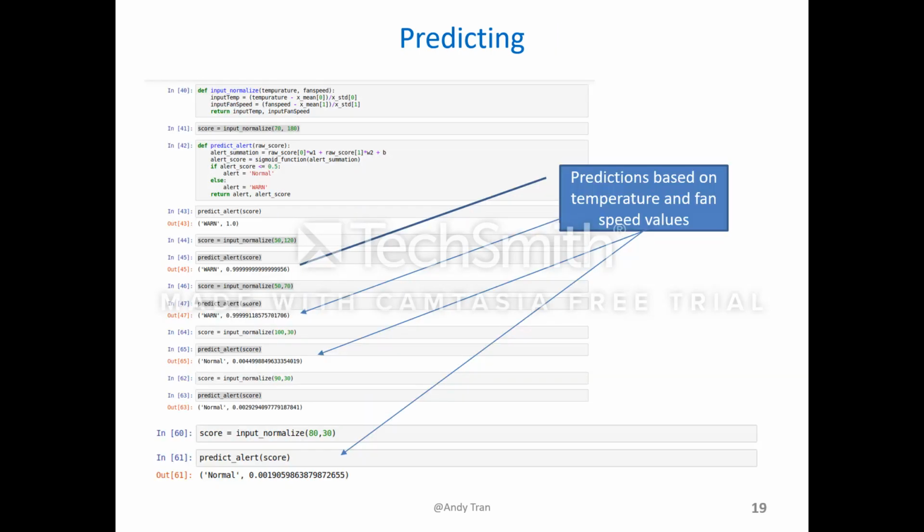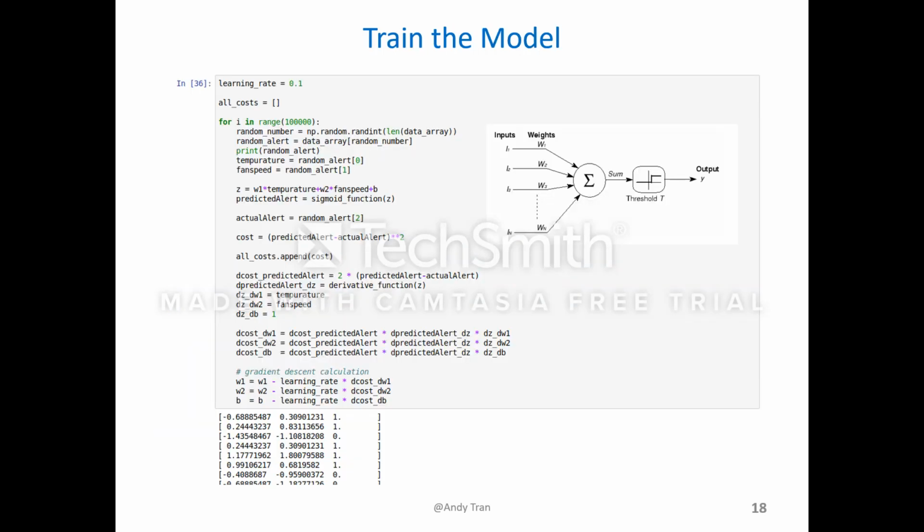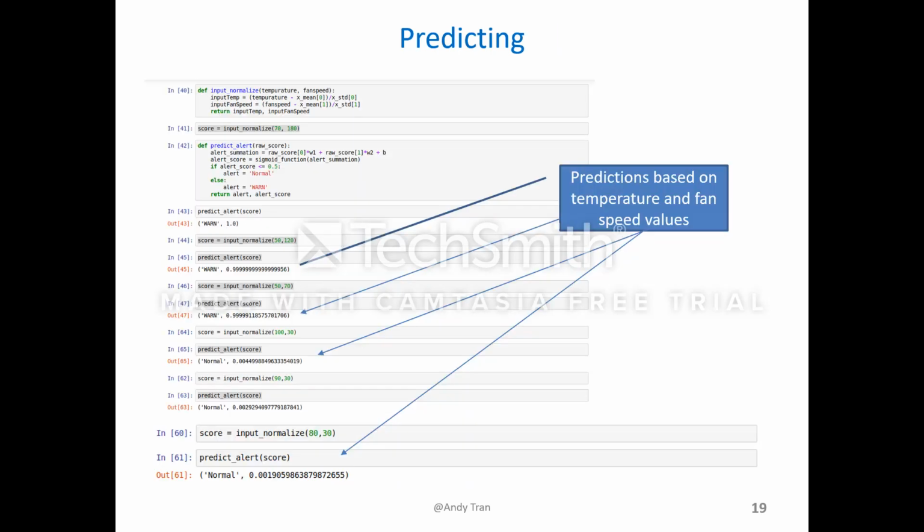Here I'm predicting based on the data that I fit into my model. I get an output of either 1 or something much less than 1. So anything near 1 indicates that there's something wrong with my system.